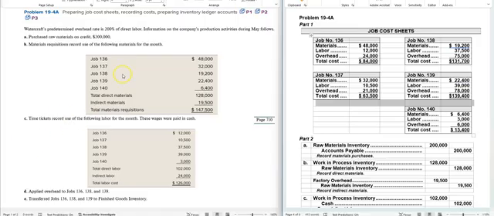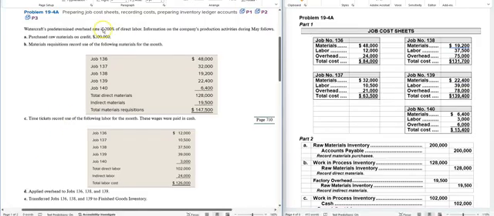So instead, what we do is we apply an estimate of that overhead using our predetermined overhead rate. And this company has decided that they are going to apply an estimate of overhead at 200% of direct labor cost incurred on each inventory item or each job.